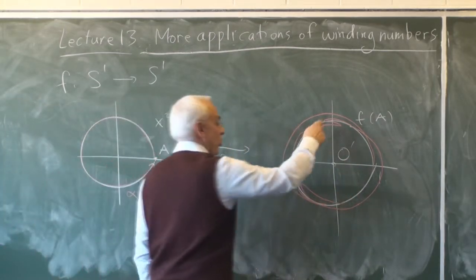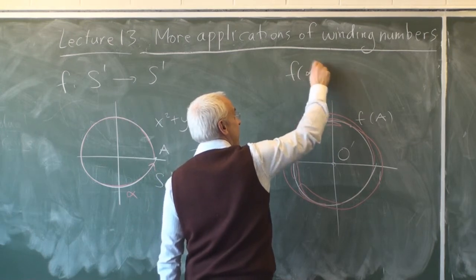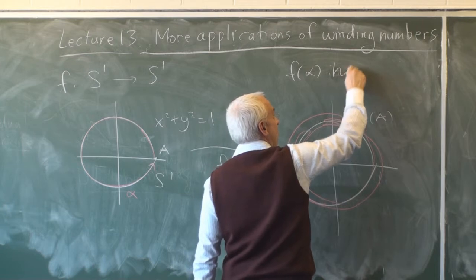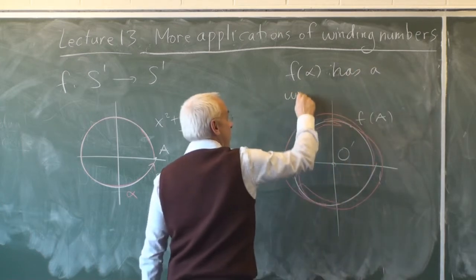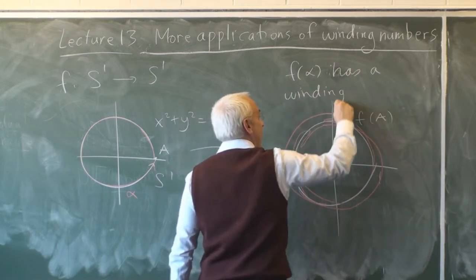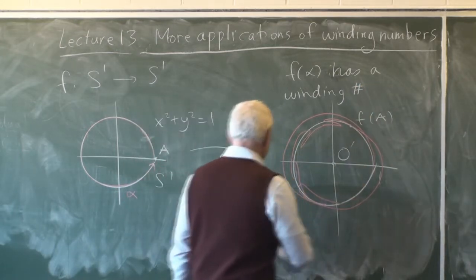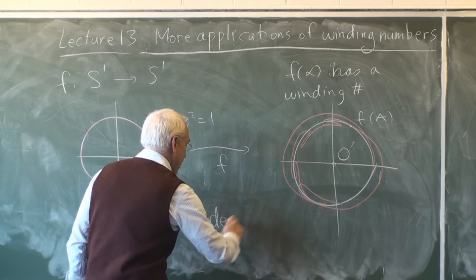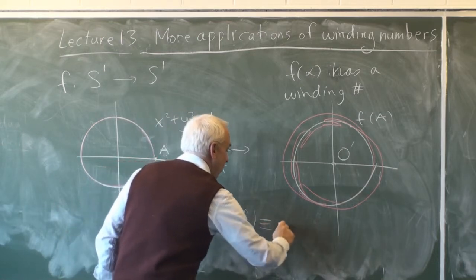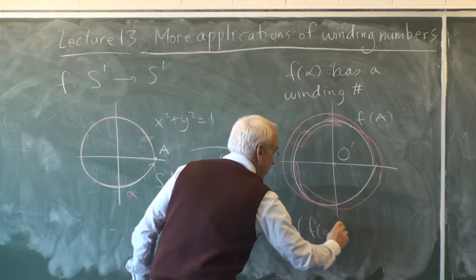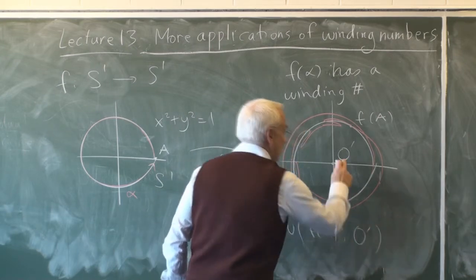So this image curve, f of alpha, is a curve, well, let's say it has a winding number. And that's called the degree of f. So we say that the degree of the function f is the winding number of the curve f of alpha with respect to the center here.